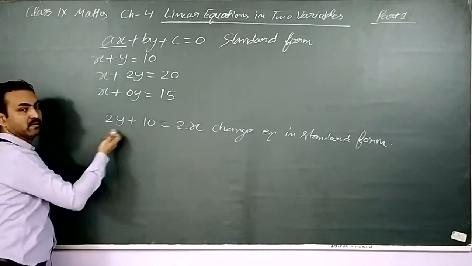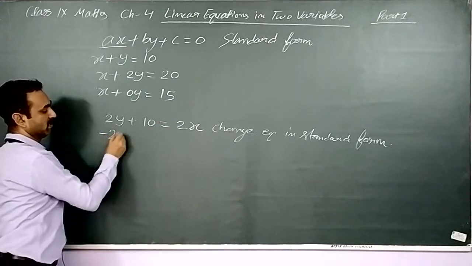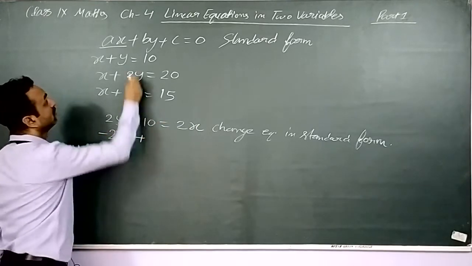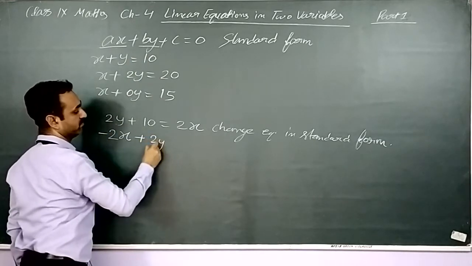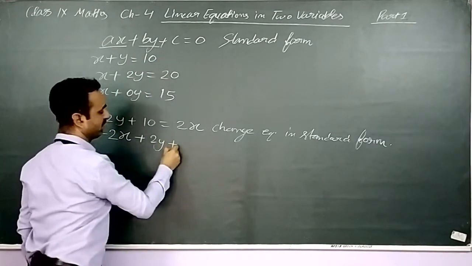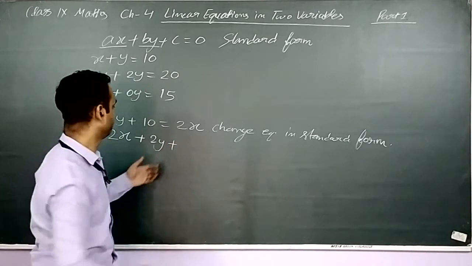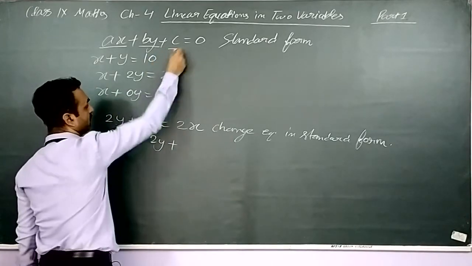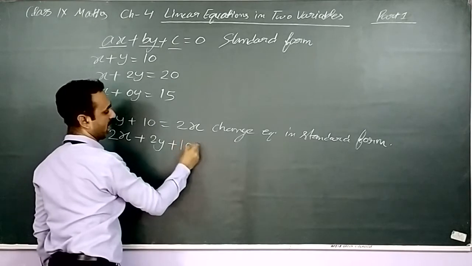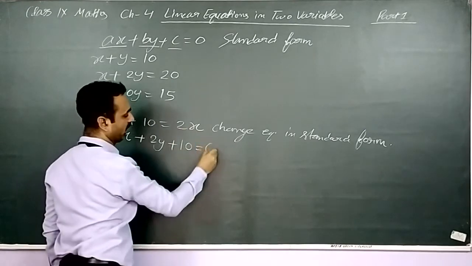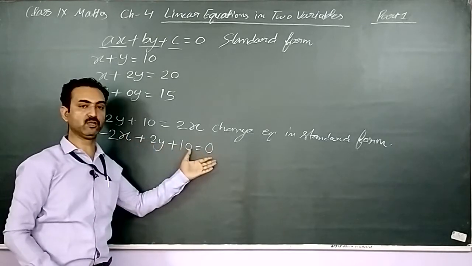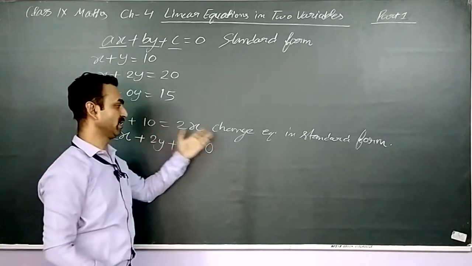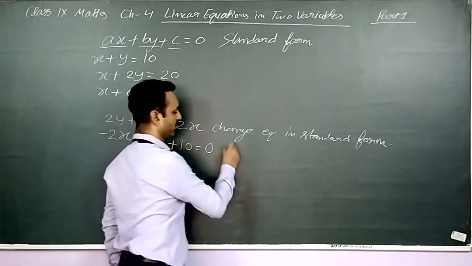We will bring this term to this side, so it will become minus 2x, plus by, by means plus 2y, y term, and then plus c. C means constant number. So what is the constant number here? C means 10. And here is nothing remaining, so we write here 0. So this is minus 2x plus 2y plus 10 is equals to 0. This equation is changed in standard form.